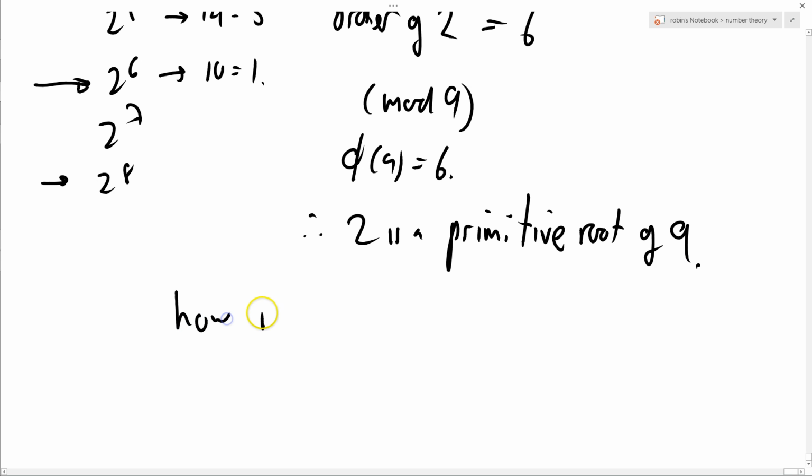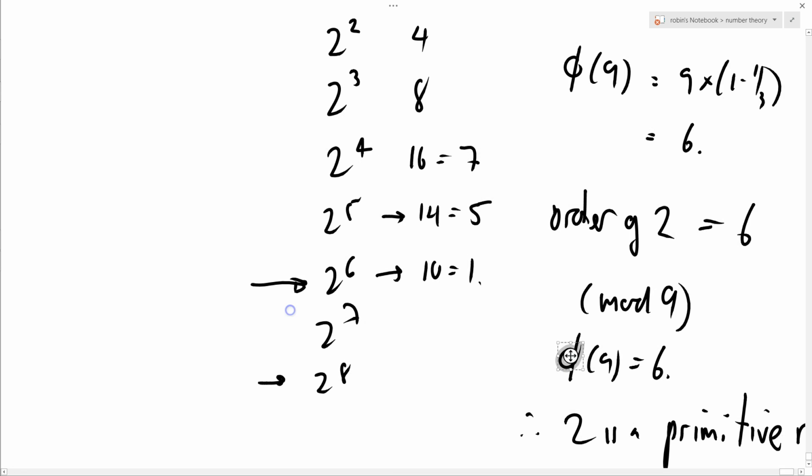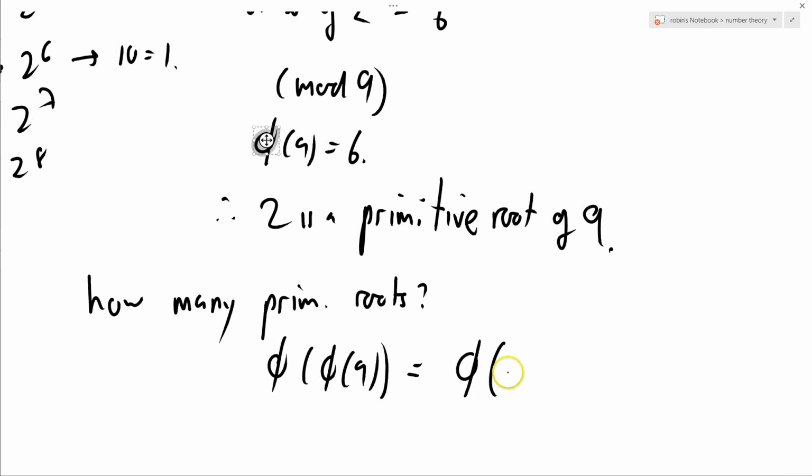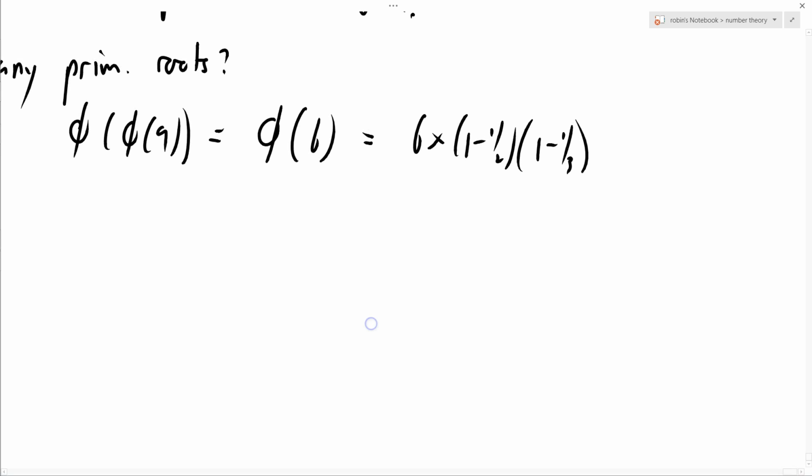How many primitive roots? Well, it's phi of phi of 9, which equals phi of 6. What's phi of 6? Well, it's 6 times 1 minus a half, times 1 minus 1/3. 2 times 3 times 1/2 times 2/3, loads of cancelling, equals 2. So there are 2 primitive roots of 9.